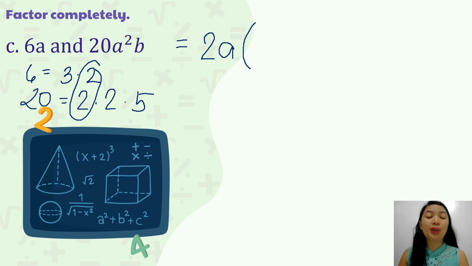For the other factor, again, we divide it. So 6a divided by 2a is equal to, correct, that is 3. Do we need to write a here? Yes, there is no a since 6a only has the first degree variable.